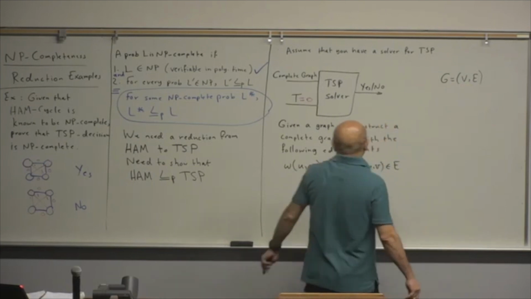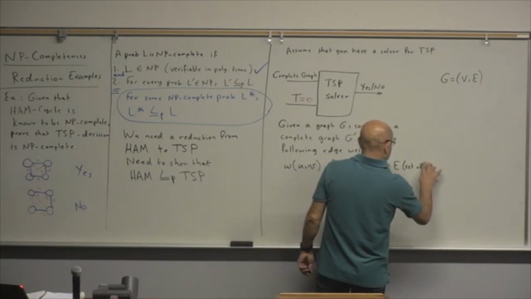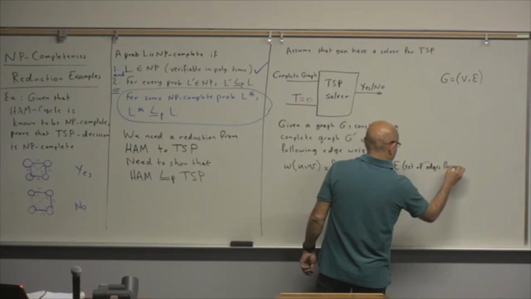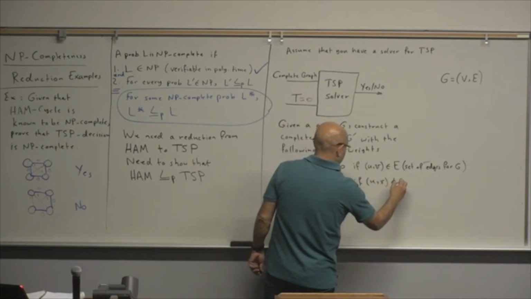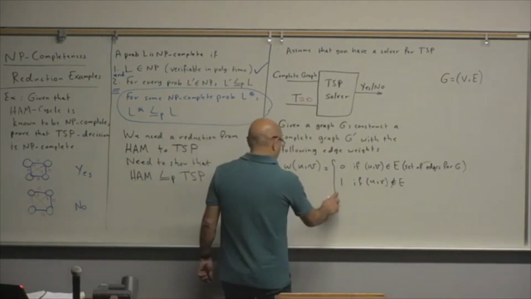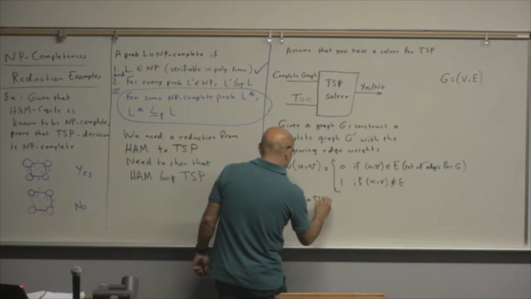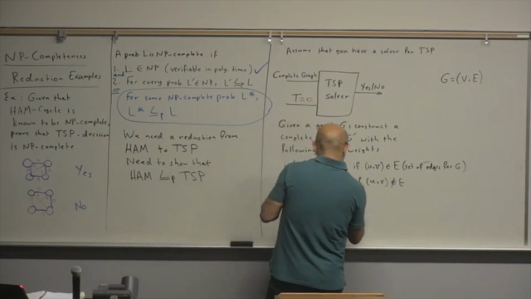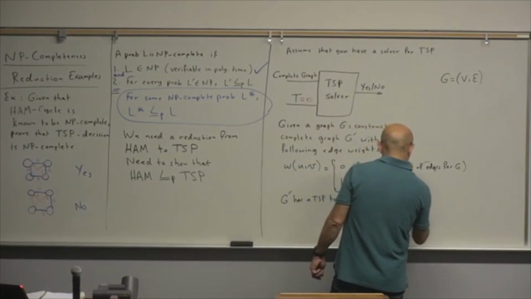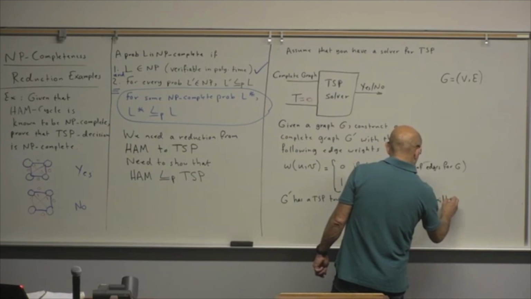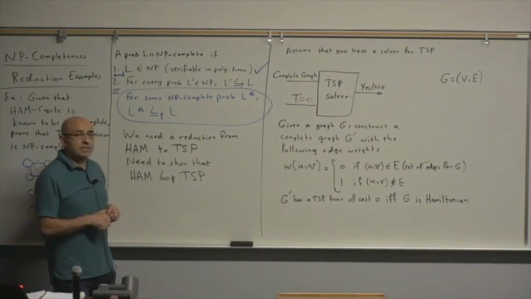So E is the set of edges for G. And the weight is 1 if UV does not belong to E. Now, G prime has a TSP tour of cost 0 if and only if G is Hamiltonian. Okay, so this is how we describe this transformation.